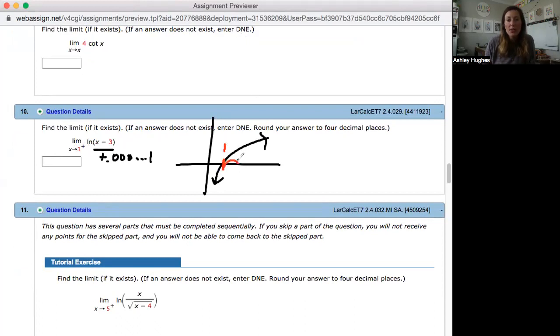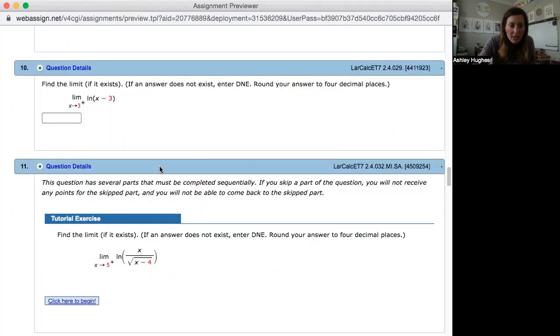If I shift it right 3, 1, 2, 3, this would be at 4, okay? Which means that its asymptote is at 3. And as I go to 3 from the right side, I'll be approaching negative infinity, or you write does not exist. The infinity describes what happened, but technically the limit does not exist when you have infinity.